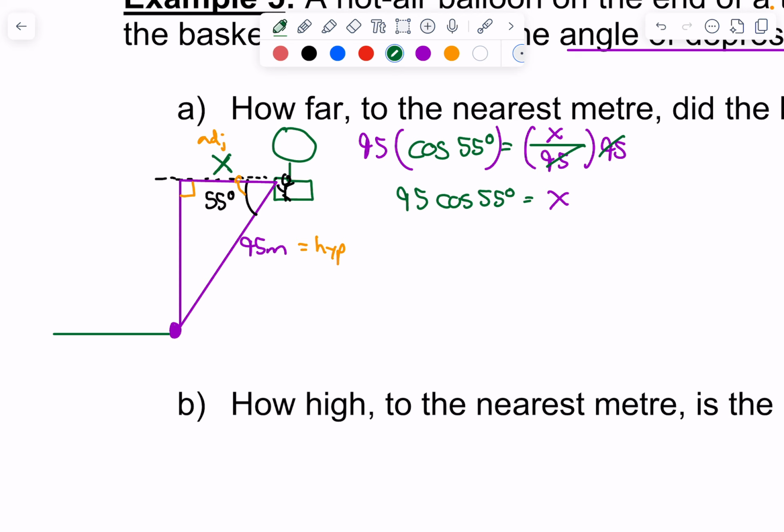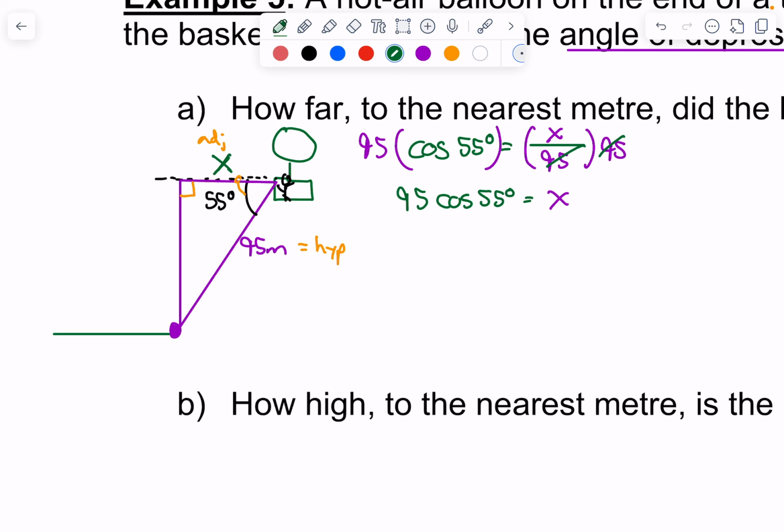So 95 times cosine 55, that's going to give us an x of 54. We'll round it to just one decimal place, 54.5 meters. So therefore, it's a word problem, the balloon drifted 54.5 meters horizontally, because it asked that horizontally.